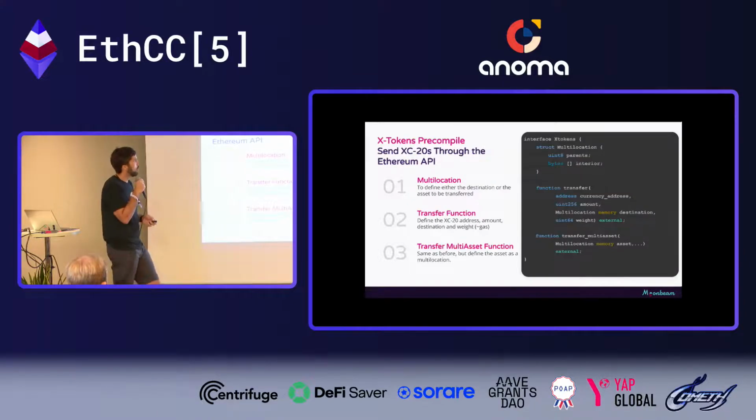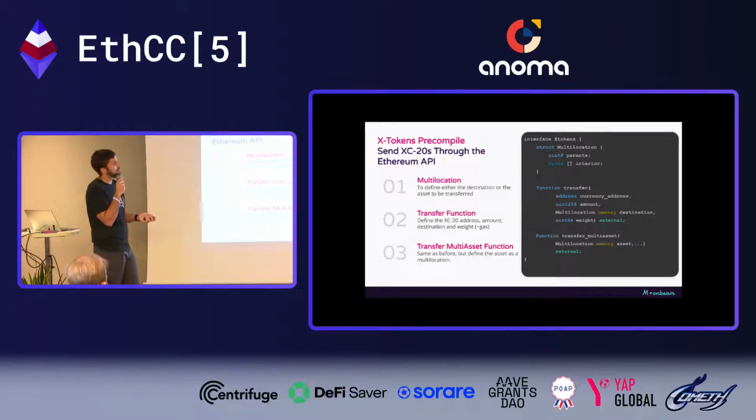All right. So for today's demo that is going to be somewhat brief, we're going to use the X token precompile. So the X token, it's a way that we can send tokens from Moonbeam to other parts of the ecosystem. And so the precompile basically has a structure, which is the multi-location, that hopefully is a little bit clearer now, what a multi-location is. And we have two functions, the transfer one and the transfer multi-asset.